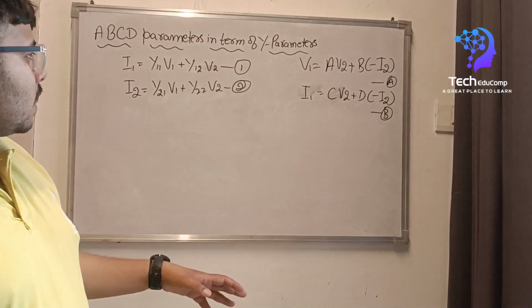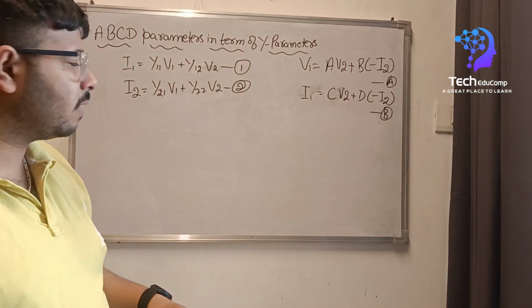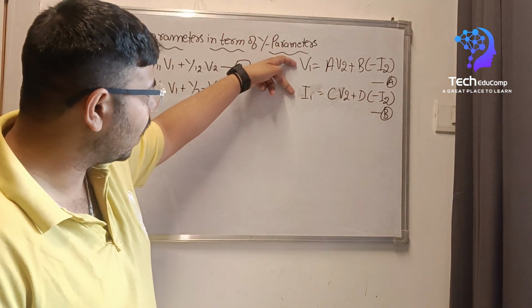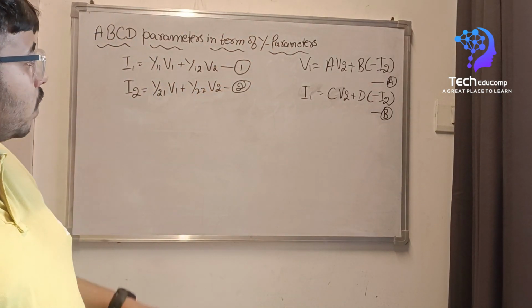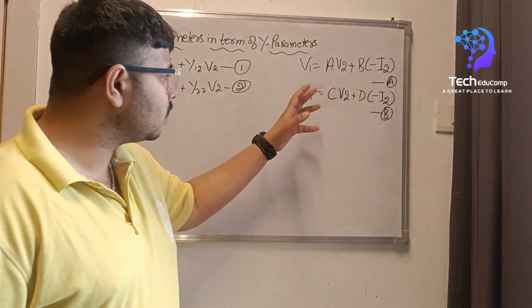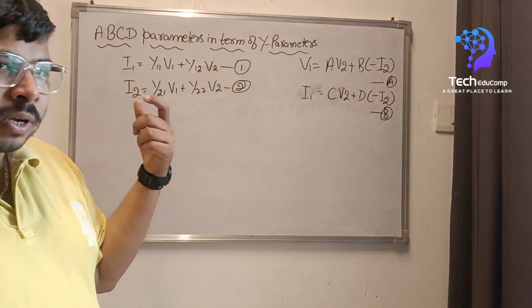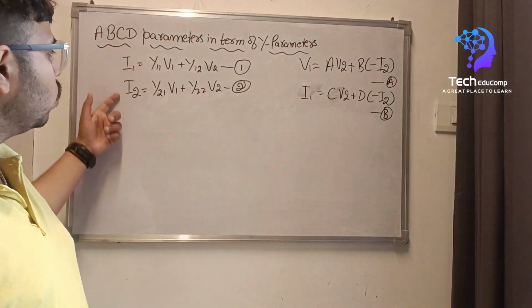Now similarly, when we compare as we have done previously, on the left hand side I have I1 and I2, and here I have V1 and I1. In order to write in this form, we have to rearrange one of the two equations.